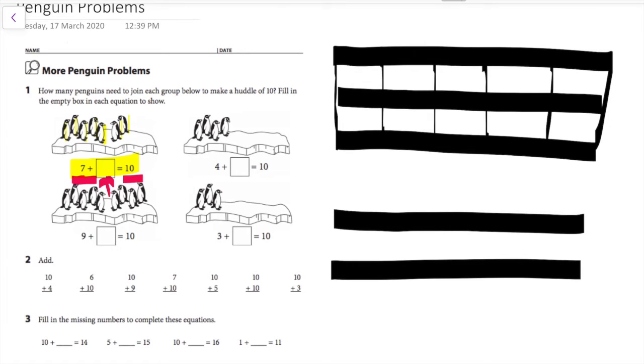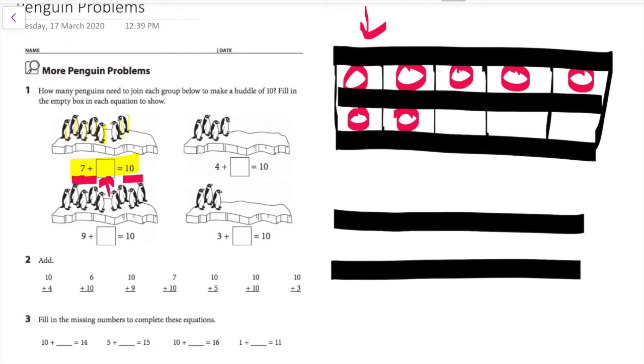Okay? So for us to be able to solve this, what we can do is use a 10 frame. So here I've drawn a 10 frame. So we know that there are 7 penguins sitting on the ice ledge. 1, 2, 3, 4, 5, 6, 7. Now, we need to find out how many more penguins come along so that there are 10 penguins.